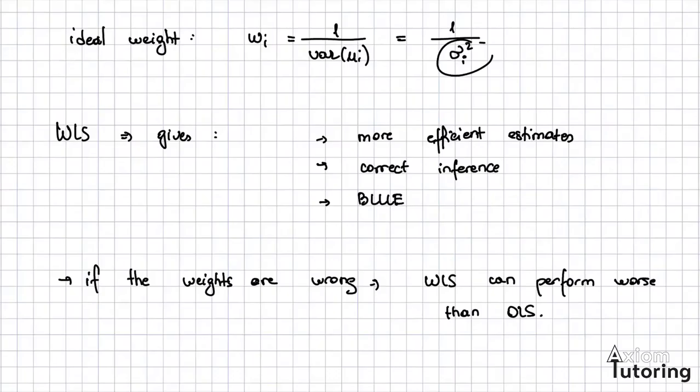Ultimately, robust standard errors fix inference and require nothing else but the residuals. Weighted least squares would fix estimation and efficiency. However, it requires knowledge of the variance structure, which sometimes makes weighted least squares a less ideal option than robust standard errors.